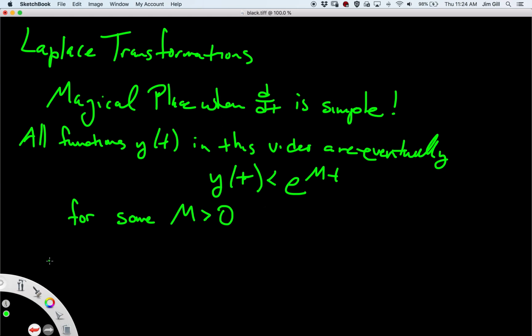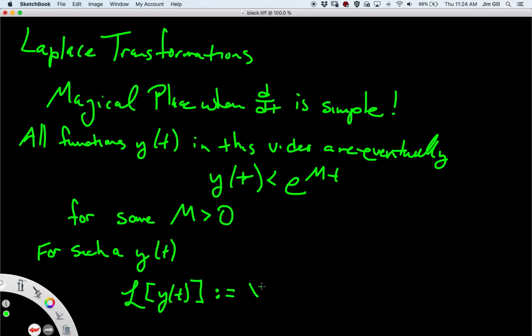Okay, if we have such a function y, here's what the Laplace transform is. The Laplace transform of the function y of t is a function in a new variable s.